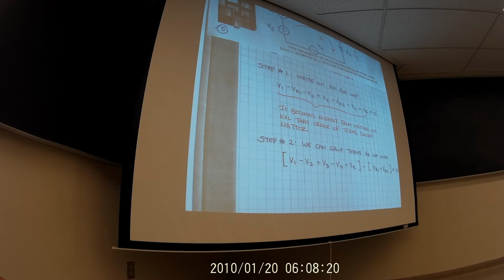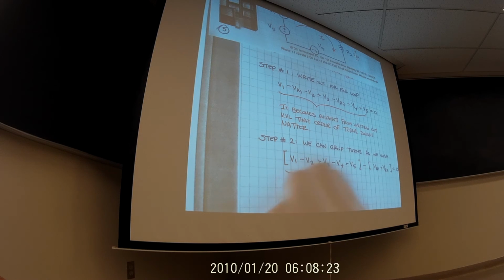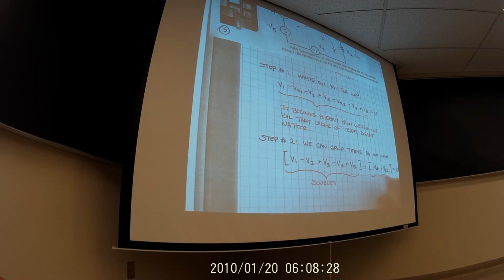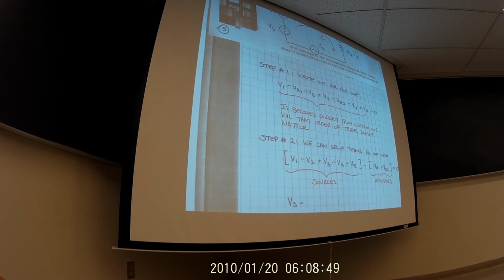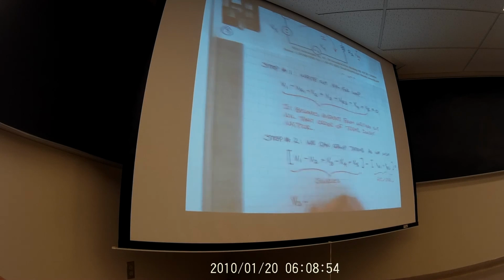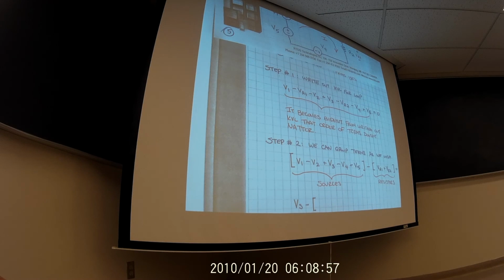Okay? And so now what we have is all of our sources and all of our resistors. So what's stopping us from simply defining a new term? We could rewrite the KVL and simply say Vs minus, and now we can play around with this, because we know VR1.